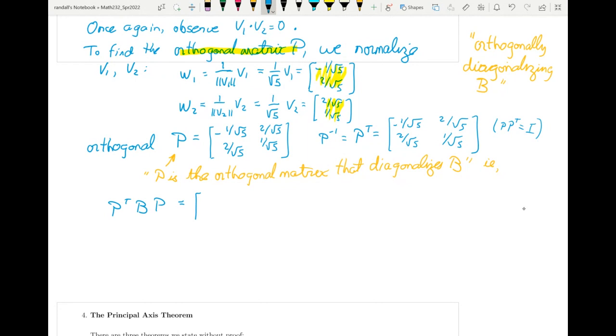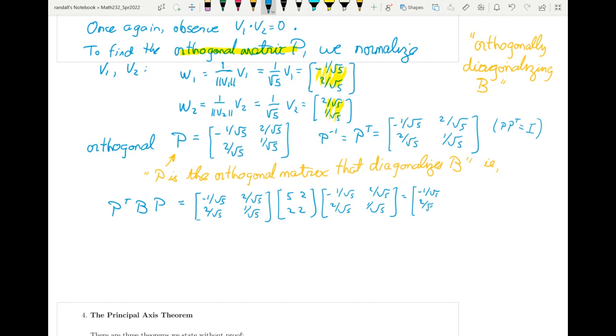So let's just do that here. So minus 1 over root 5, 2 over root 5, 2 over root 5, 1 over root 5. So there's my PT. Here's my B, which was 5, 2, 2, 2. And then my P, which is minus 1 over root 5, 2 over root 5, 2 over root 5, 1 over root 5. And let me just do the second two matrices first. I'll do that multiplication. So this is the same matrix I see on the left, the PT, right?